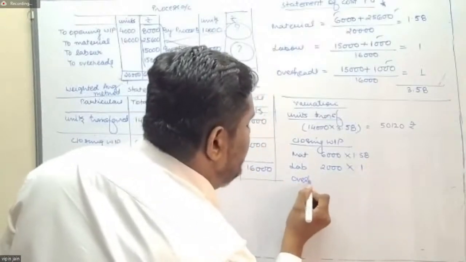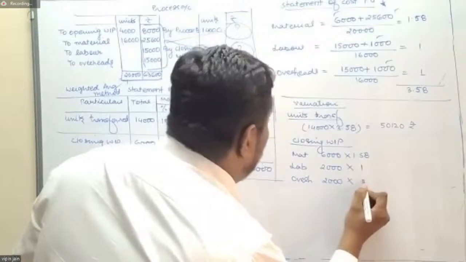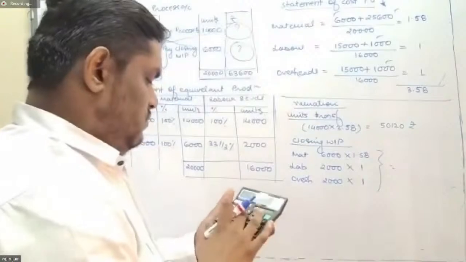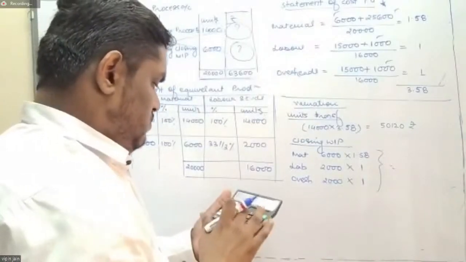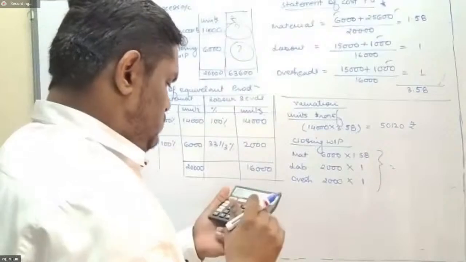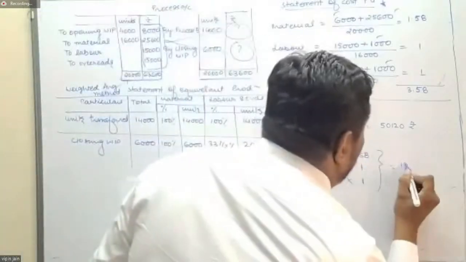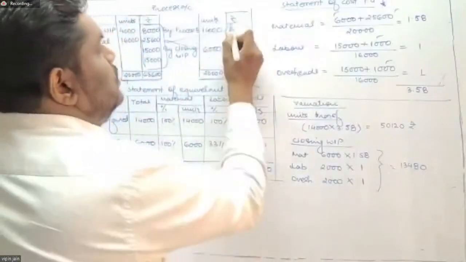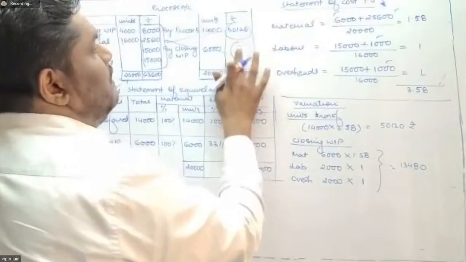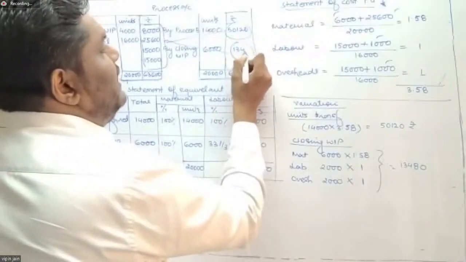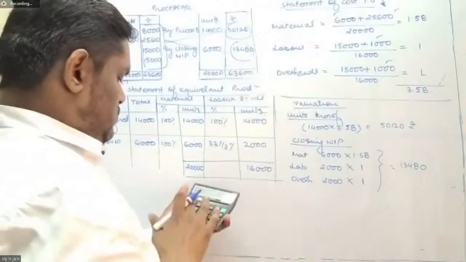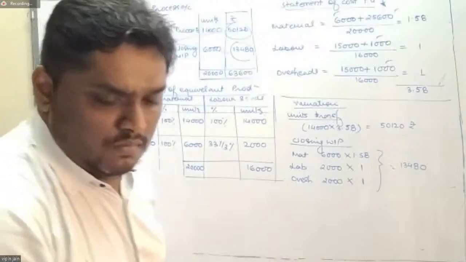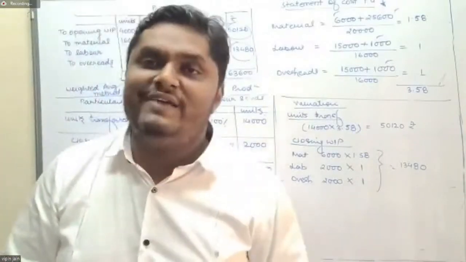And overheads also, equivalent number of units 2,000 into 1. So 50,120 and 13,480.